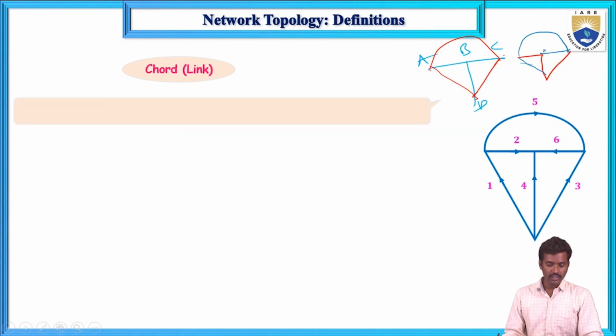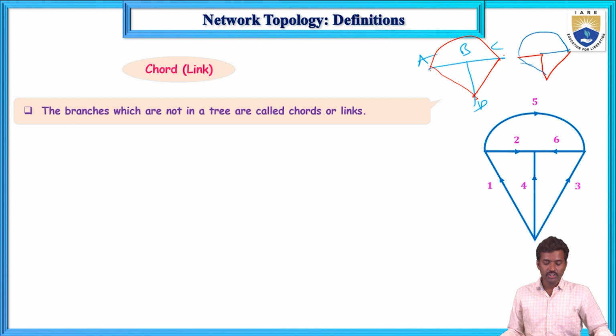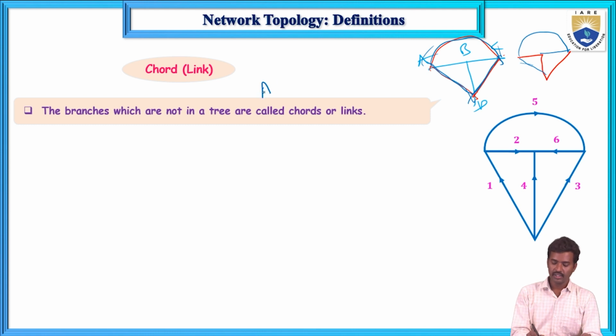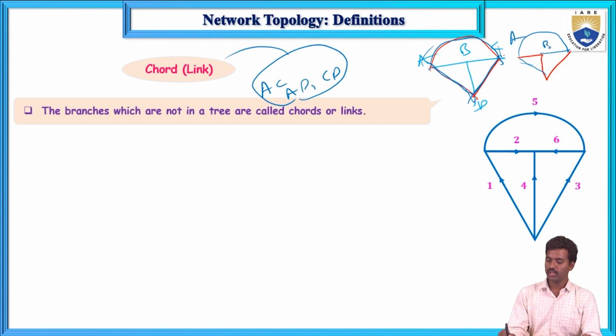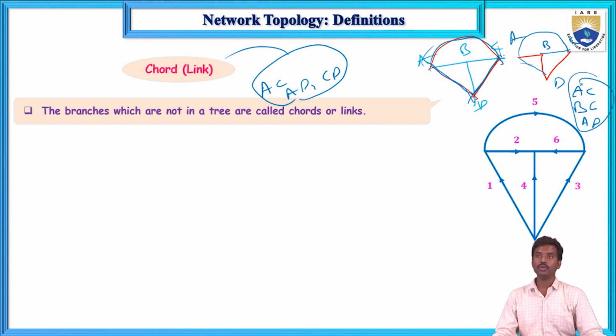So see the definition here: the branches which are not in the tree. So these are not in the tree. They are the links. So AC, AD and CD are the links. So for a graph, the tree changes and the links will be changed.